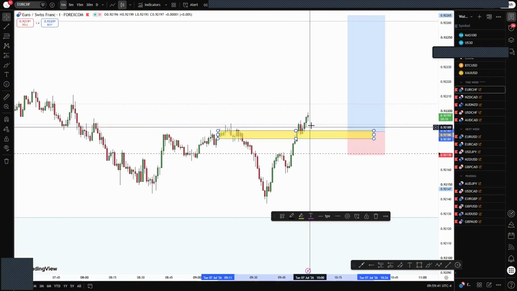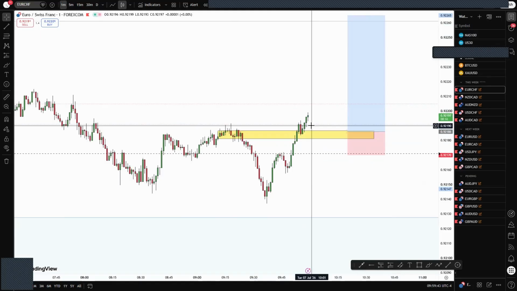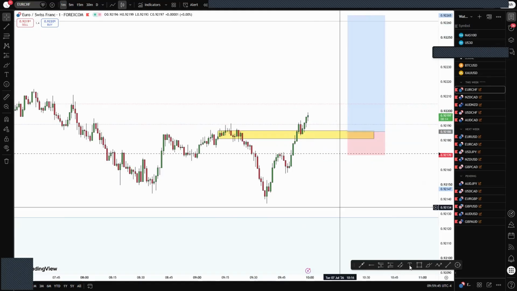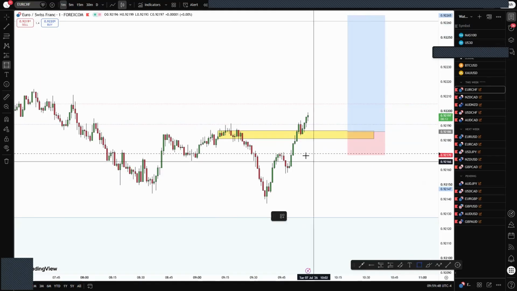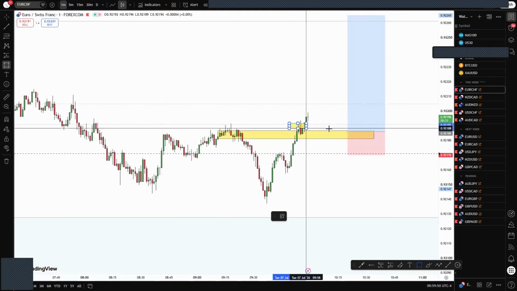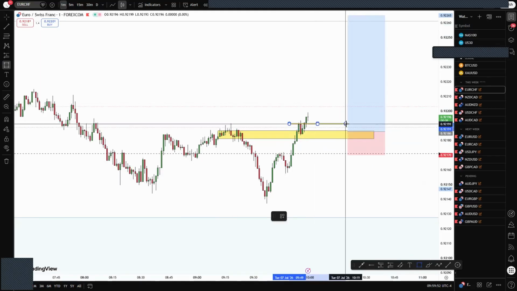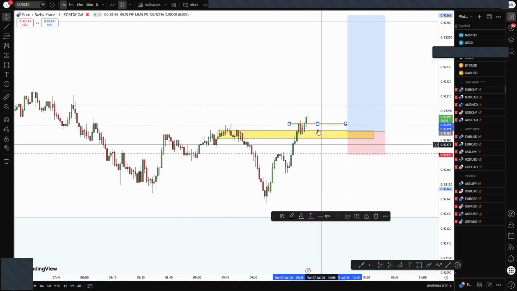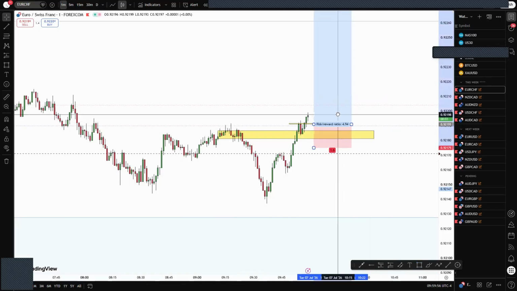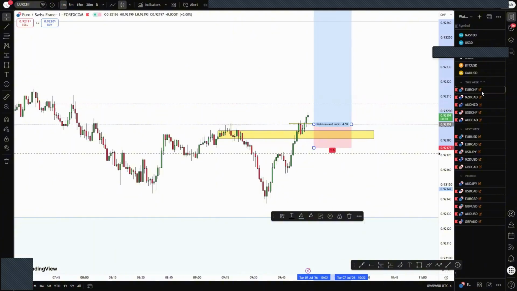But you can see that this is the level that led to the buy. So this is where price may test, then we may enter from there.